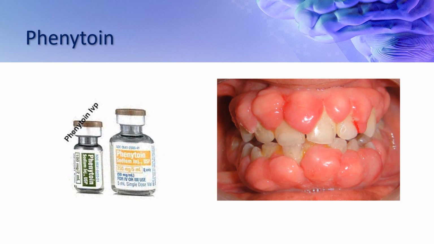Some of the other side effects you want to monitor for are headache, nausea and vomiting, constipation, dizziness, drowsiness. You're going to want to monitor their vital signs, and make sure that you flush before and after, just like you would with Ativan. You can also monitor a Dilantin level, especially when this is used continuously, to make sure that it is at a therapeutic range. The normal Dilantin level will be 10 to 20.